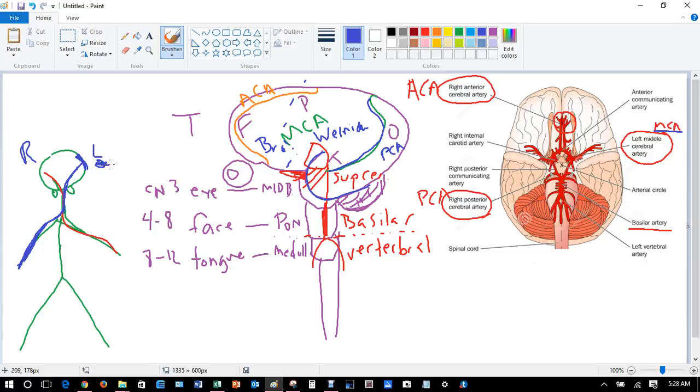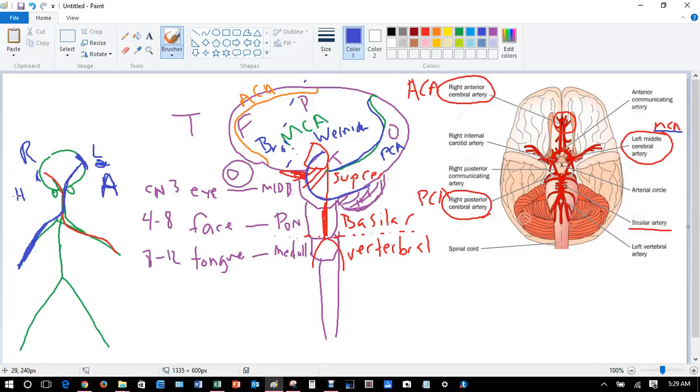But if it's on the other side over here, then you're going to get hemi-neglect, which is kind of like partial. So usually the right side is going to result in hemi-neglect, whereas the left side is going to be aphasia. So think that the A is on the left for aphasia, and H is on the right for hemi-neglect.